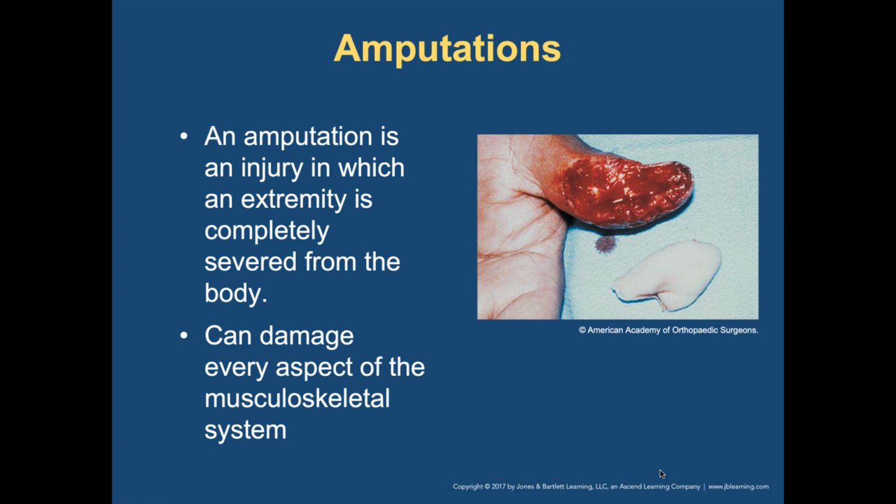Wait till y'all see this next one. So a strain is a pulled muscle. I guarantee all of us have done that at least once in our life. We've strained something. It occurs because of a normal contraction from an excessive stretching. Strains may range from a minute separation to a complete rupture.